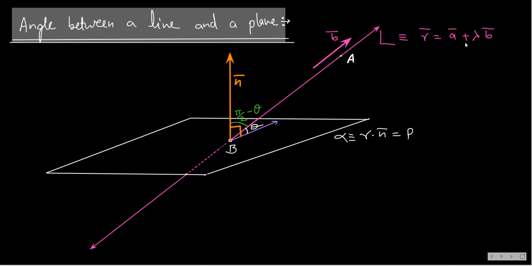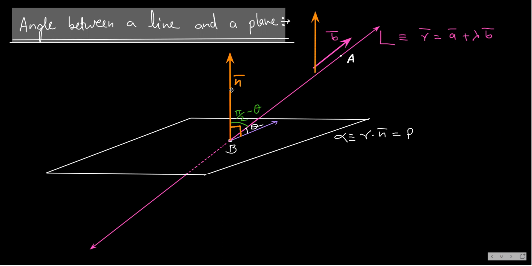On the other hand, see, this is your n bar. What is the angle between n bar and the line? Pi by 2 minus theta. See, if I shift this here, what do you think?